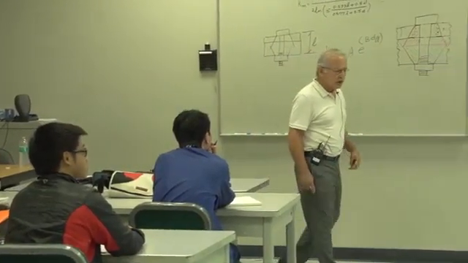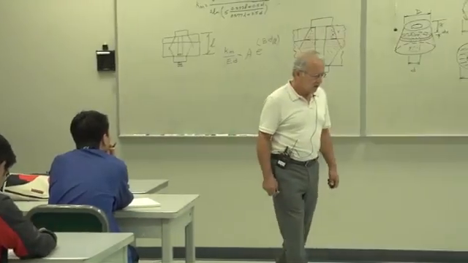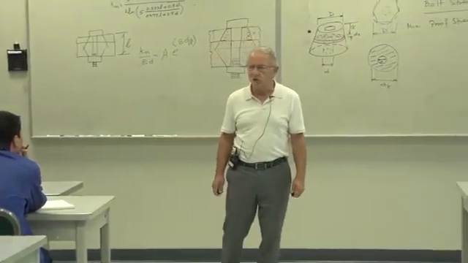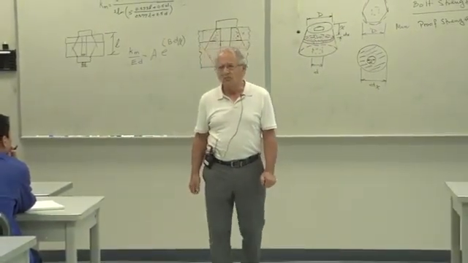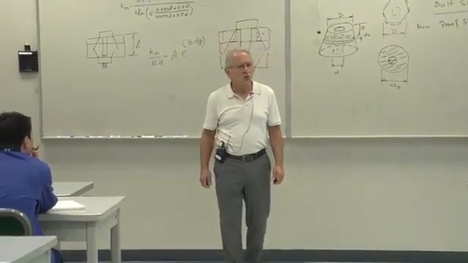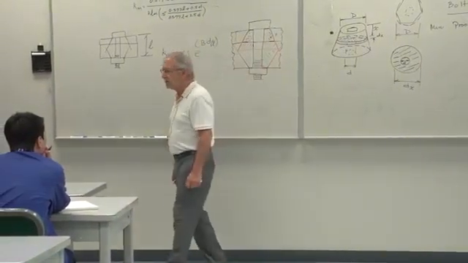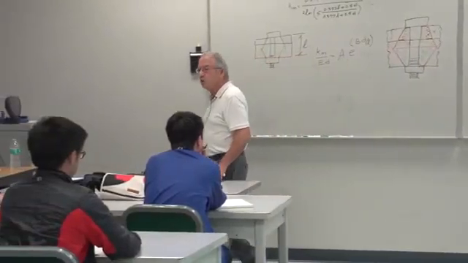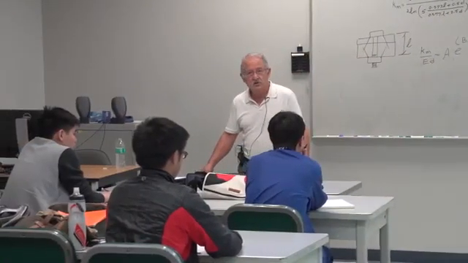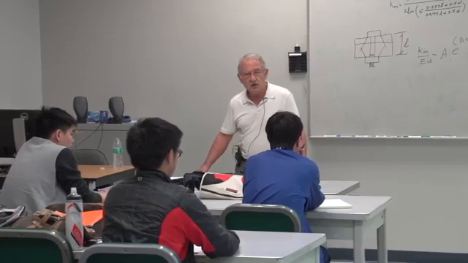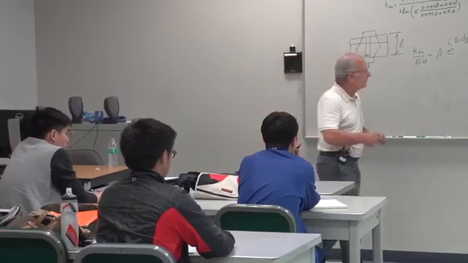Your book says this is a stress so that no plastic deformation occurs in the bolt. That's approximately true. It turns out to be about 90% of the 0.2% offset yield strength. You guys remember 0.2% offset yield strength?